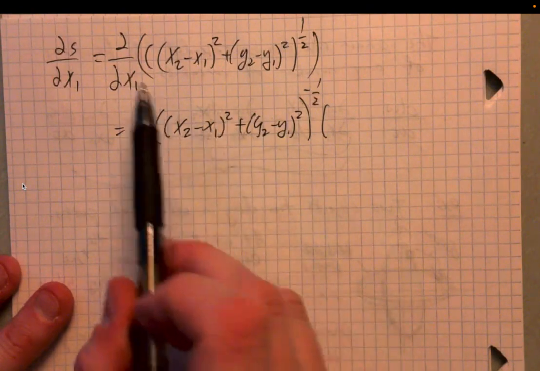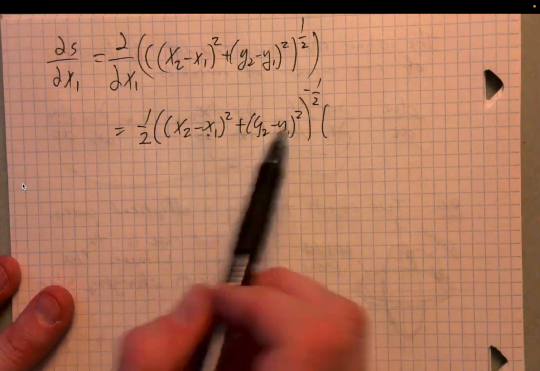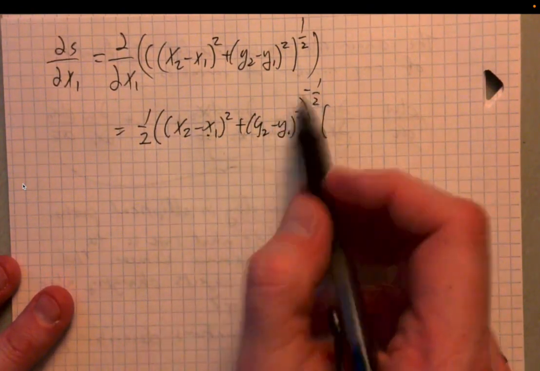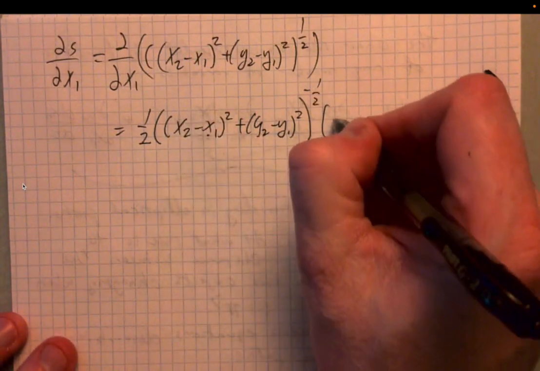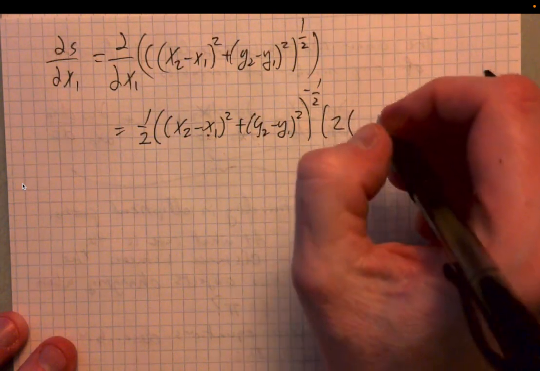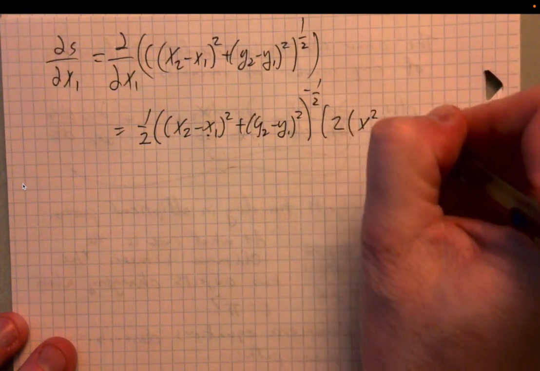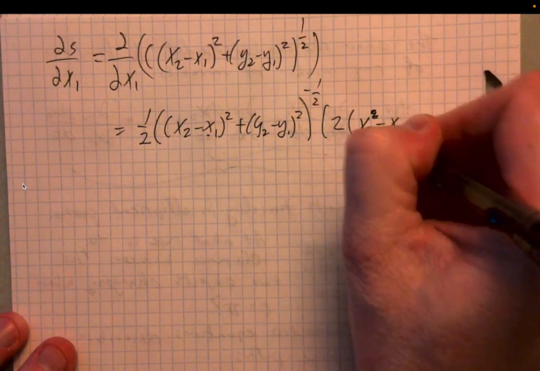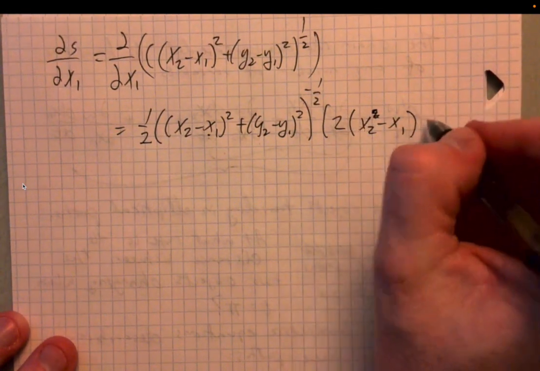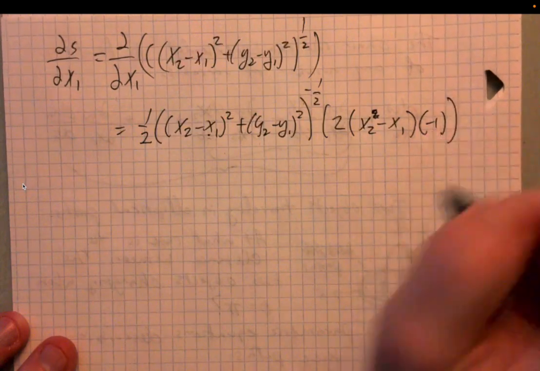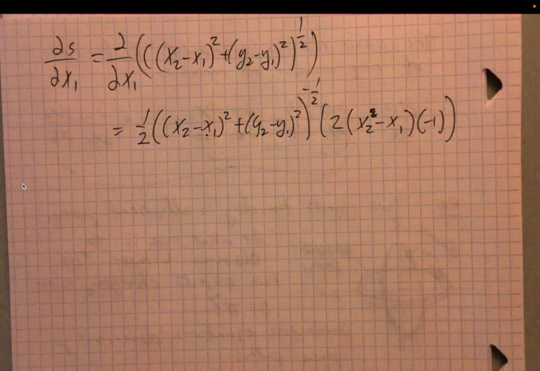So really, this is the only variable, everything else is a constant. So the y term is 0 when we differentiate, and all we're left with is this piece here. So what you end up with is 2 times (x2 minus x1), and then the derivative of that, you have to actually use the chain rule a third time, is negative 1. Right, so you get this.